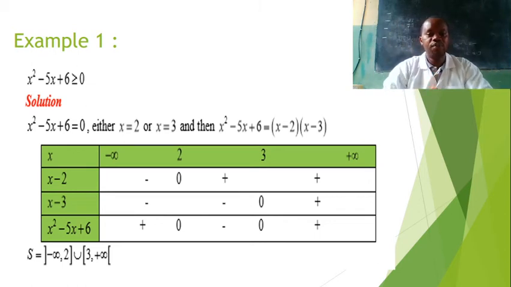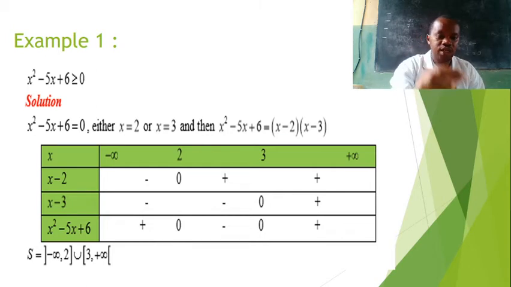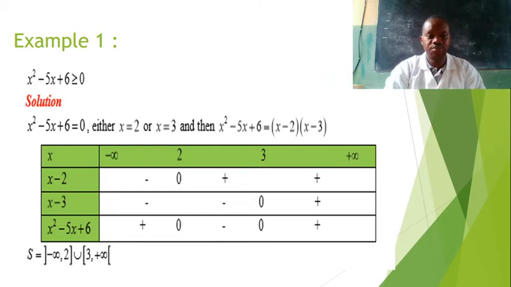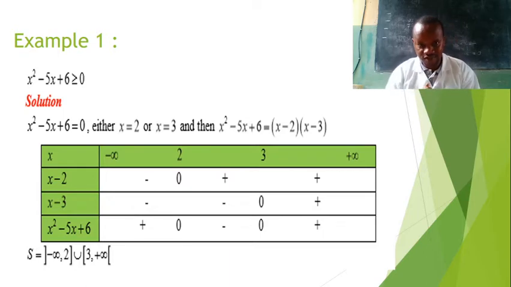For example, if we choose 1, 1 minus 3 gives minus 2. If we choose 0, 0 minus 3 gives minus 3. The sign that the answer has is the one to put in that range. You can see that we have negative answers, which means that from minus infinity to positive 3 we will have negative signs.